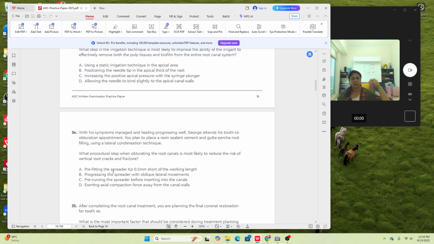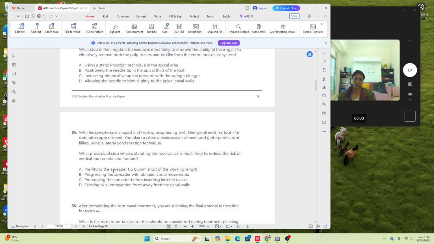So if you're going to put the gutta-percha and press it against the walls of the canal, if this is my wall and I'm pressing it like this, then I'm going to fracture that wall. So I will direct my forces away from the axial wall. So my compression forces should be away from the canal walls. That's option D. That's the right answer.